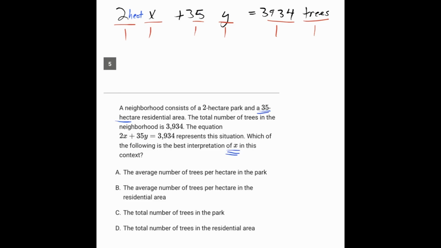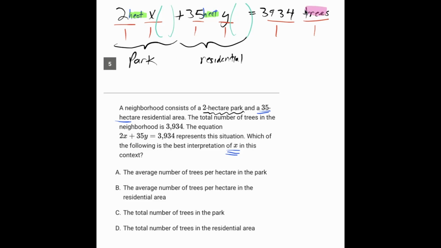35 is also the number of hectares. Now, the 2 was said to be the number of hectares for the park. So all of this pertains more to the park, whereas the 35 is for the residential area. So now we'll leave some open parentheses here to signify the unknown unit on the x and on the y. Now, we have hectares here and here, but in the end, we end up with trees.